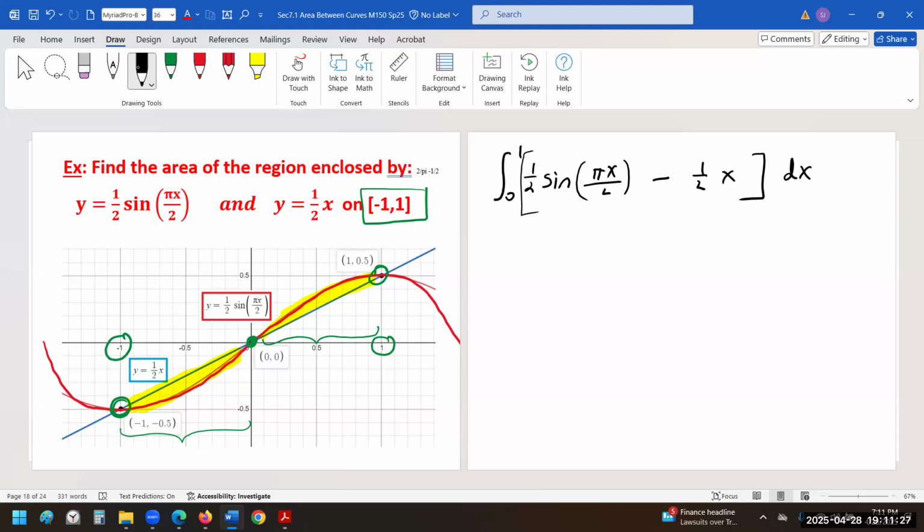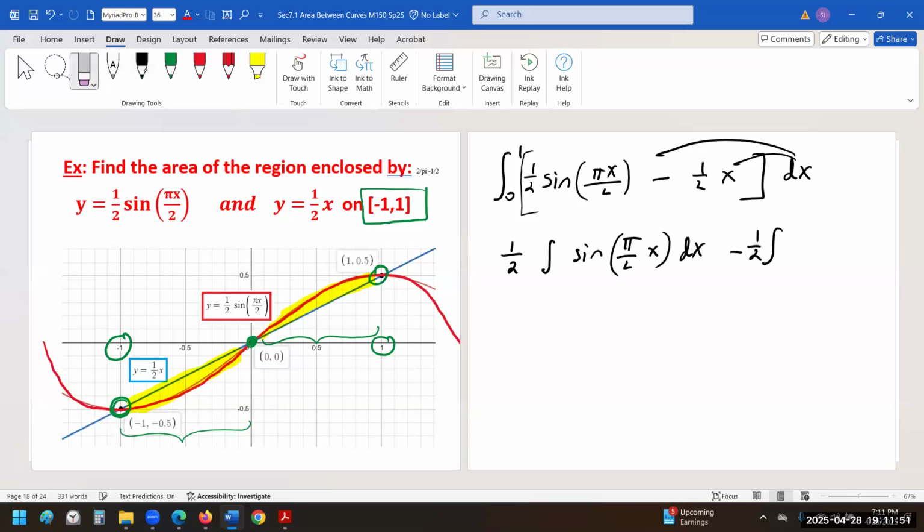But for the line, it's simple power rule. That's why you can split your dx into 2 pieces and then find the antiderivative twice. The first one is 1/2 sine pi over 2x dx. And the other piece, you can pull out the 1/2 and you have x dx.